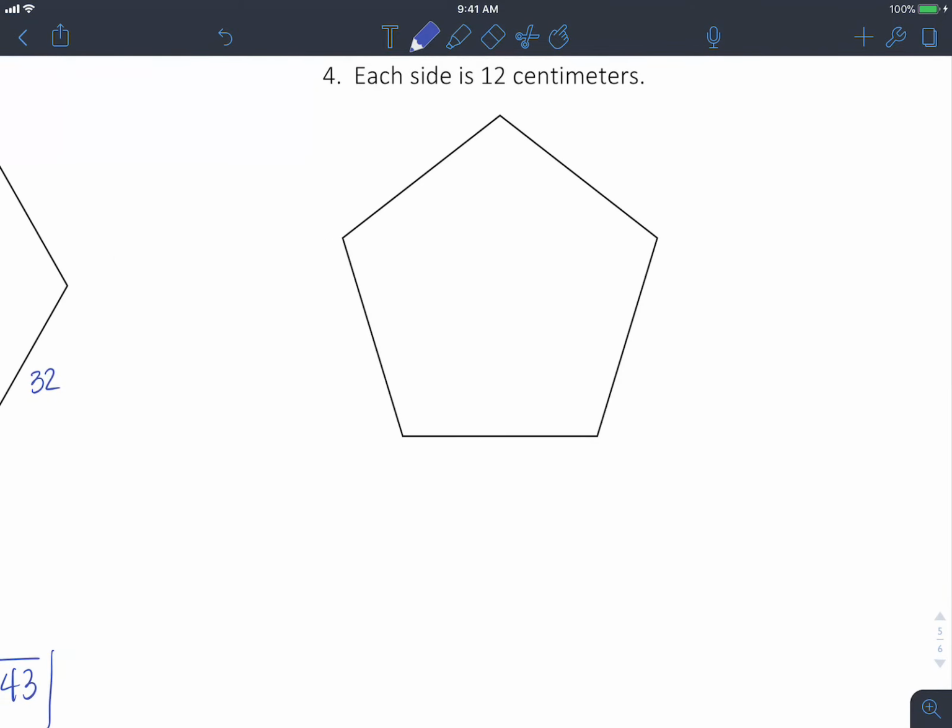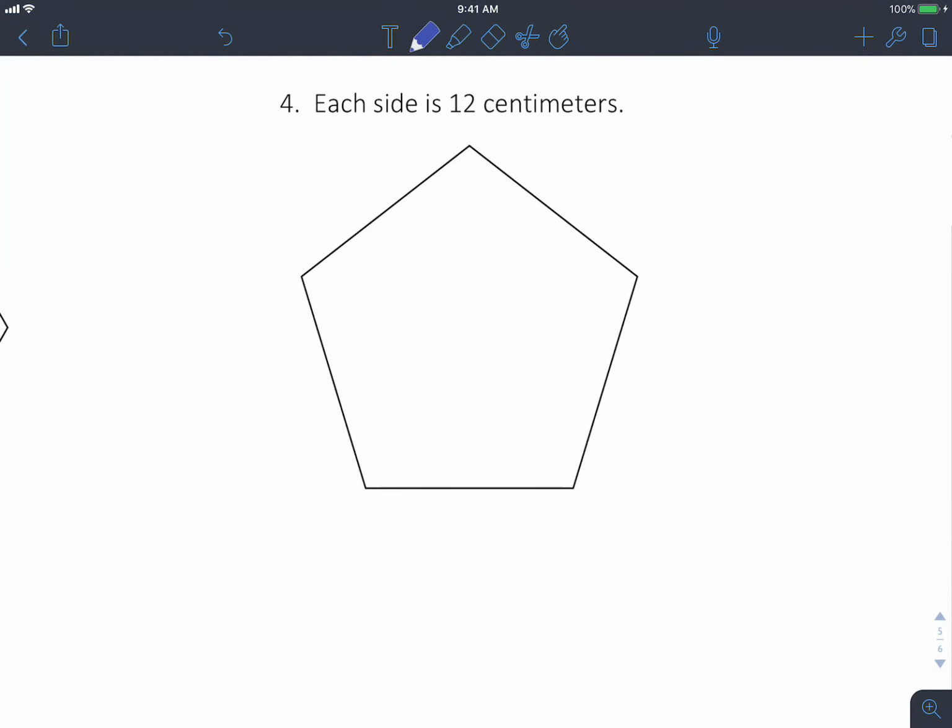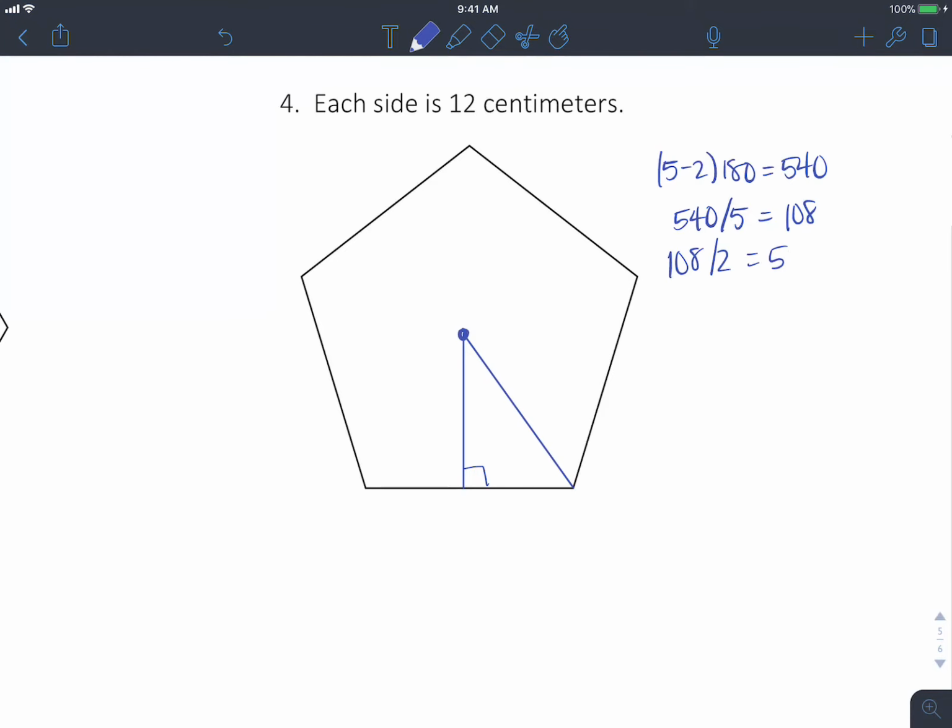Alright, and number 4, last one of these on here. So again, we're always going to draw in our right triangle. Okay, a pentagon. So we're going to have 5 minus 2 times 180, which is going to give us 540. 540 divided by 5 angles is 108. 108 divided by 2 is 54.